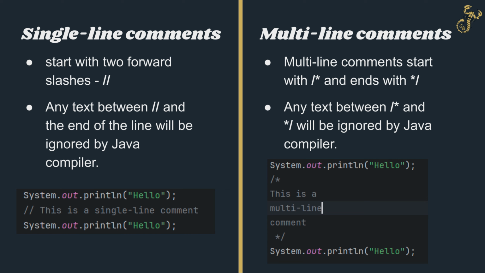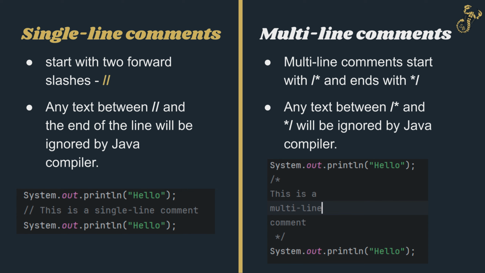Now, let's see what kind of comments we have in Java. In Java, like in many other programming languages, we have single-line comments and multi-line comments. Single-line comments basically means we mark only one line to be ignored by the compiler. We do this by starting the line with two forward slashes.